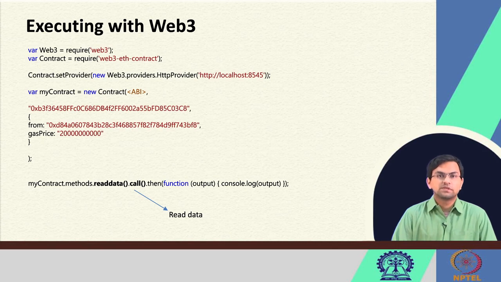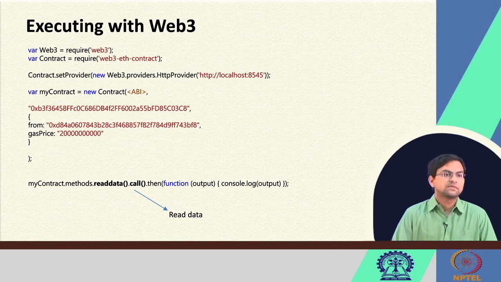If you want to use those smart contracts from a dApp, then you would need to use the ABI as well as the address of the smart contract in the Web3.js library. This sample code shows how you can use Web3.js to define a smart contract which is already deployed on the network and then execute functions on it.